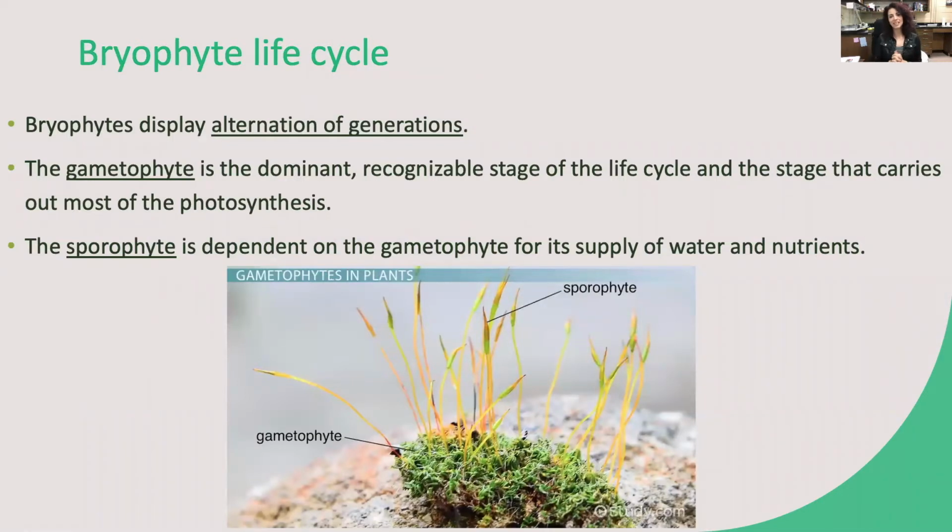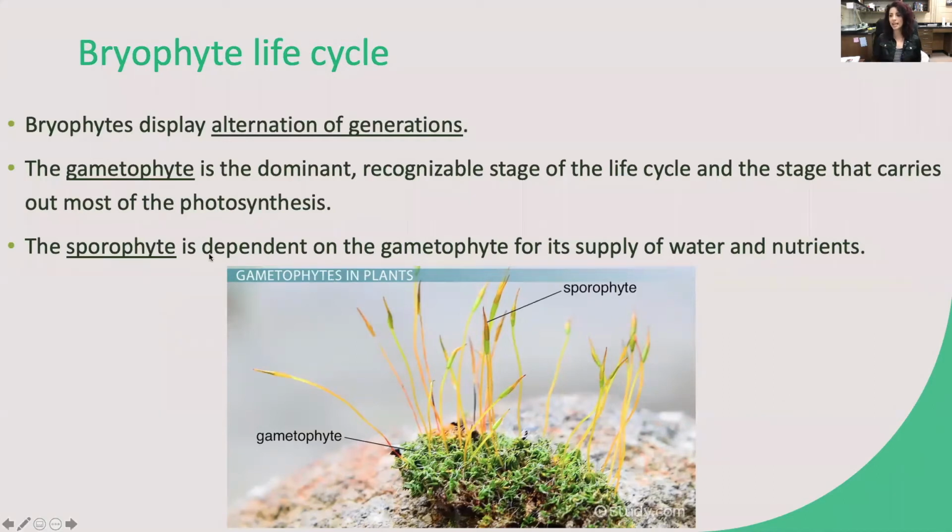The bryophyte lifestyle is a different type of lifestyle that is pretty foreign to us. We go about our entire lives being diploid, sexually reproducing creatures. The bryophytes, on the other hand, exhibit this thing we call alternation of generations. This means that it goes between the diploid stage, so having two copies of its chromosomes, to the haploid stage where it only has one copy.